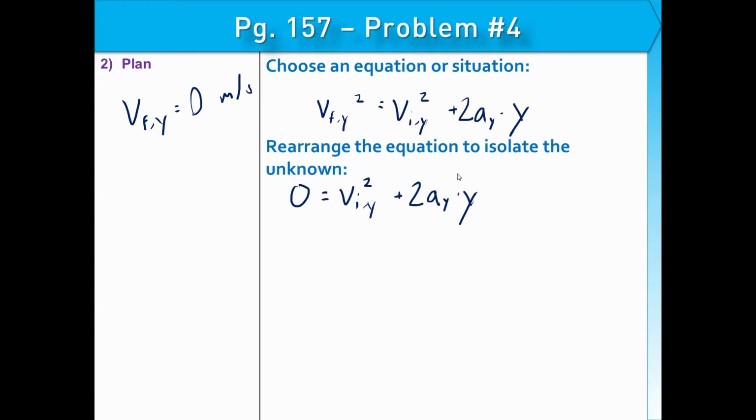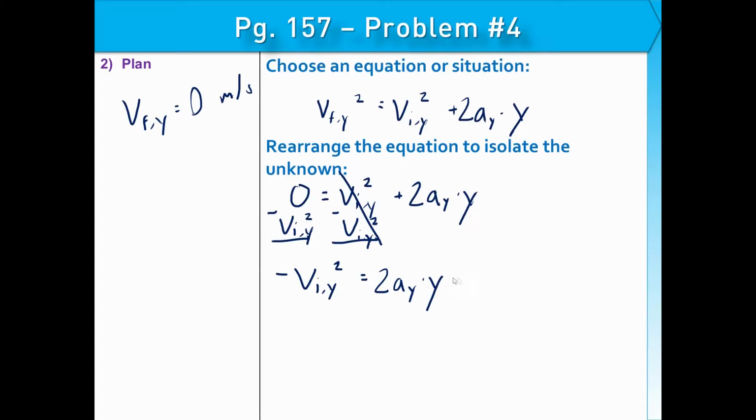I'm going to subtract the initial velocity squared from both sides. This will cancel out. And so on the left-hand side, I have 0 minus initial velocity in y squared. So I'm going to get negative initial velocity in the y direction squared is equal to 2 times acceleration y times y displacement.